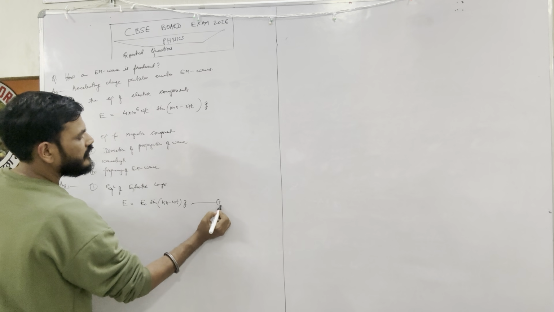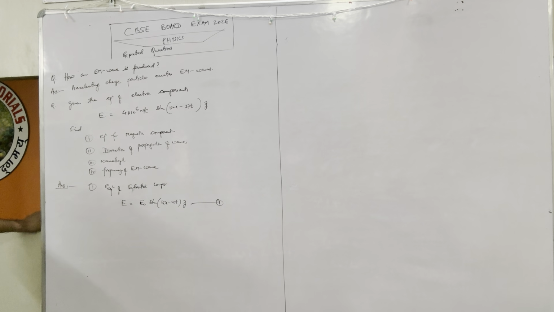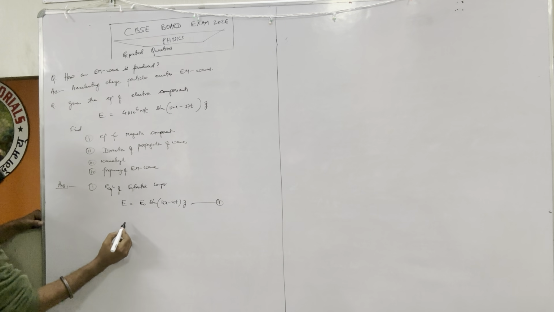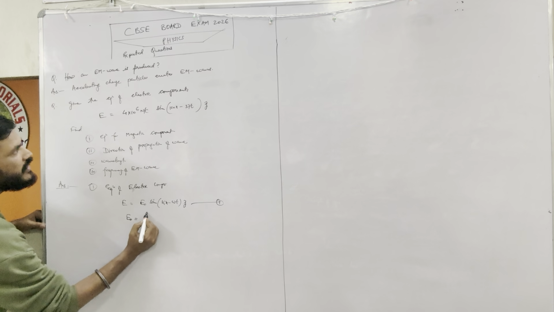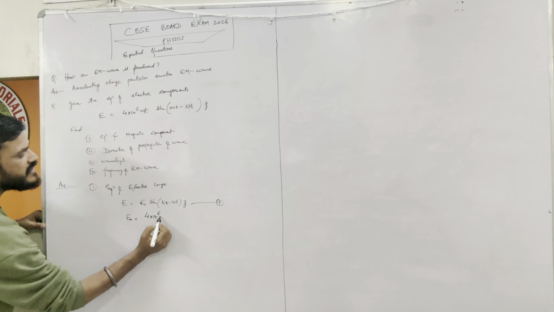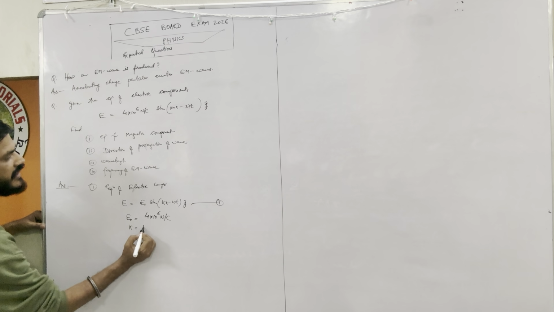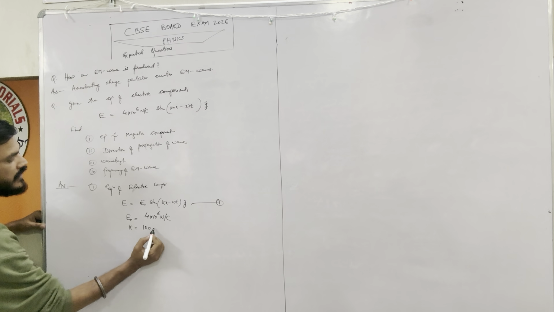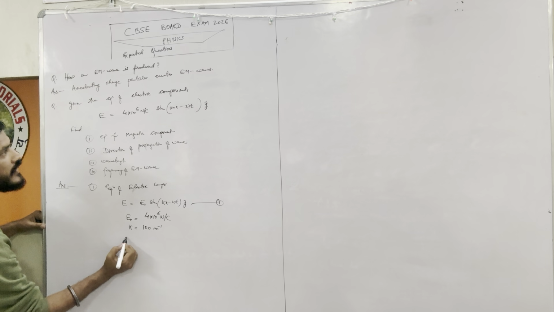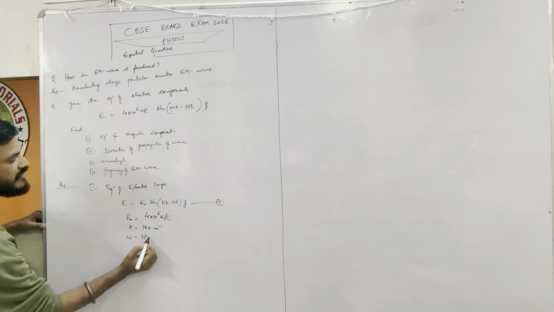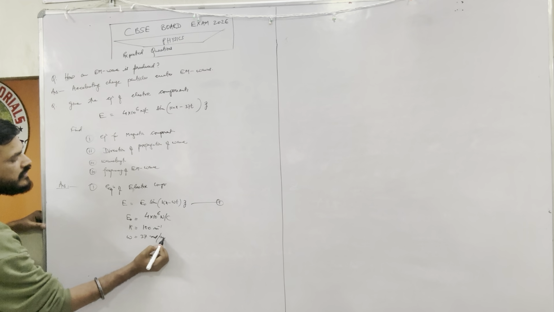Comparing with the given equation, E naught comes out to be 4 into 10 to the power 6 Newton per Coulomb. K is 100 meter inverse, and omega is 37 radian per second.